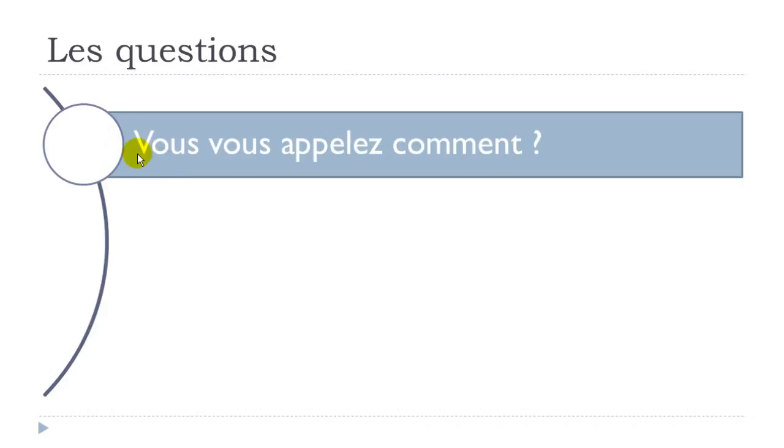In that case, you just keep the normal order of the vous appelez. So you call yourself, and then comment, how. Vous vous appelez comment? Remember, as usual, raise a little bit your voice at the end, okay? Vous vous appelez comment?